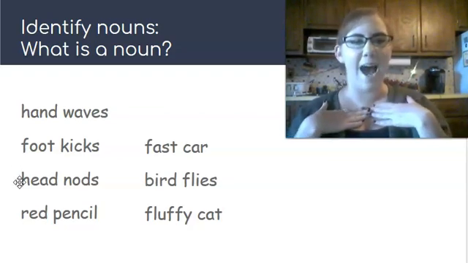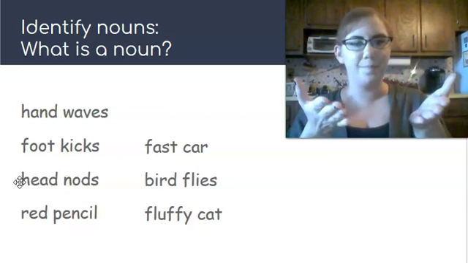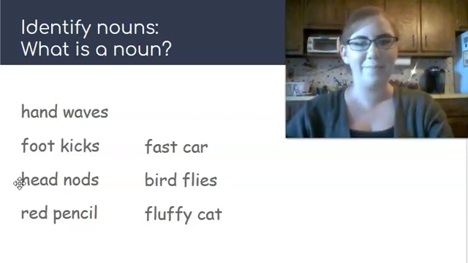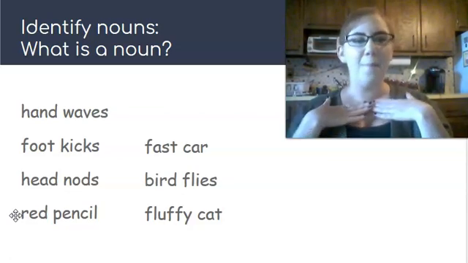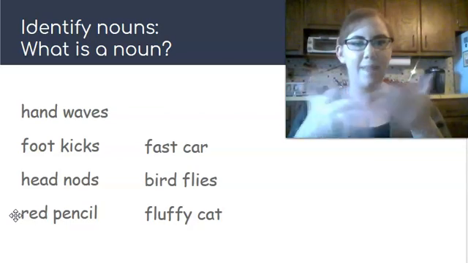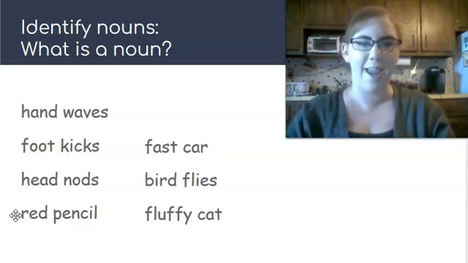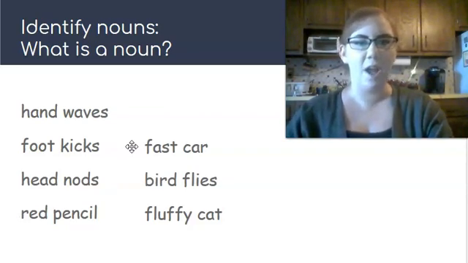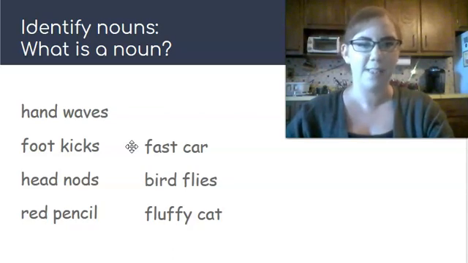Head nods. Your head is a thing. Red pencil. A pencil is a thing. Remember, a thing is a noun. And we're talking about words that are nouns.